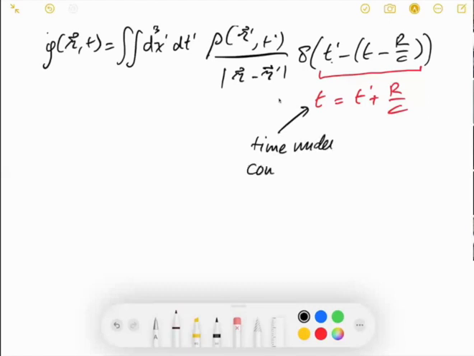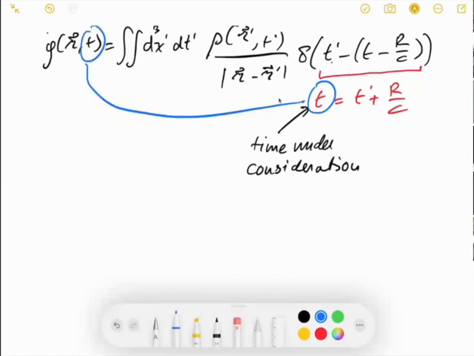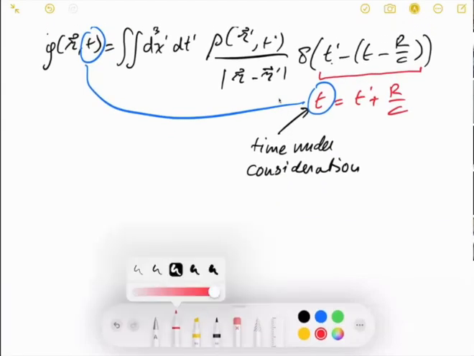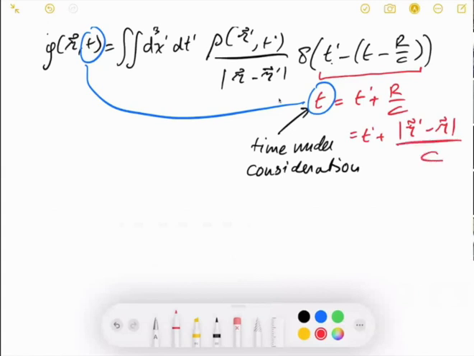And if we write this as t prime plus r, but now we're going to actually write out what r is, the magnitude of r minus r prime over c.